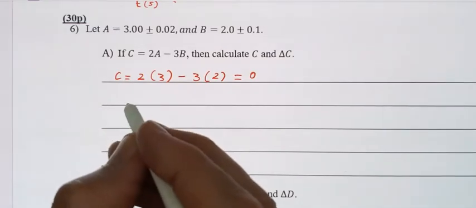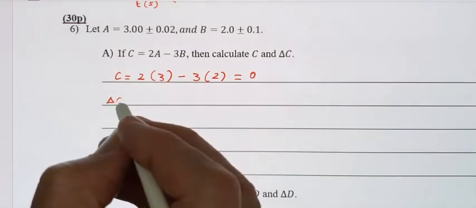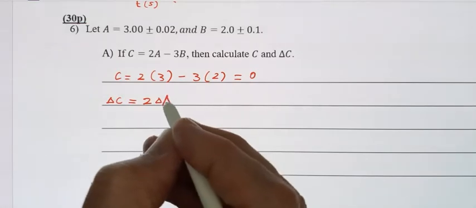Okay, where is the mark? The mark will go for calculating the error and putting the error as one significant digit, and the number has to match the error in its accuracy. So error of C is equal to 2 times error of A. Why?